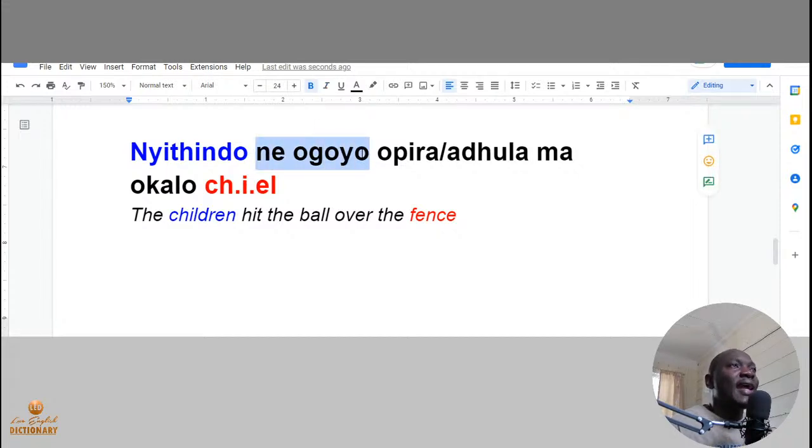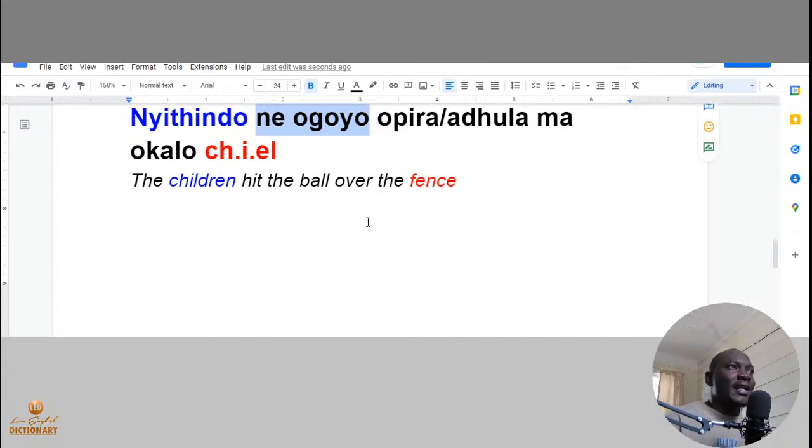Nyithindo ne ogoyo. Then adula is the ball. Ma okalo, over the fence. And then it went over the fence. So nyithindo ne ogoyo opira, or nyithindo ne ogoyo adula ma okalo chiel. Ma okalo chiel. Good. That is a sentence right there.